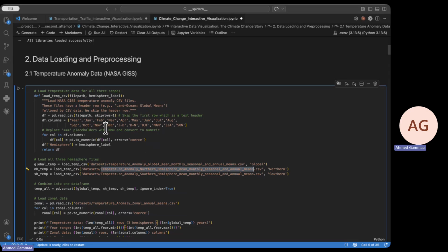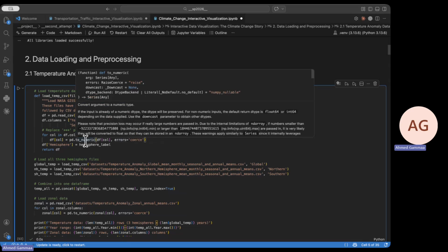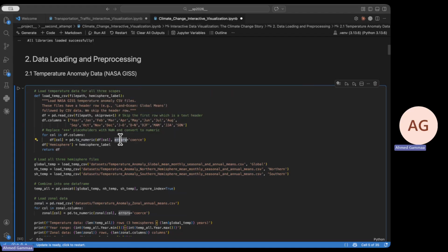In the loading, the first thing we do is to skip the first row, which is the text header, and then we manually add the header. We have the three asterisks used as missing data. We convert them to not a number by converting them to numerical using pd.to_numeric, with the flag errors equals coerce, which means any error is considered a not a number.